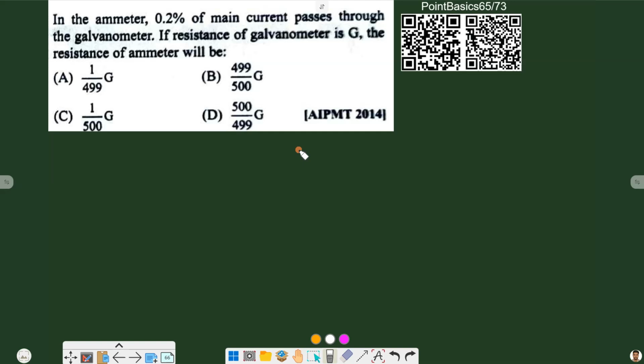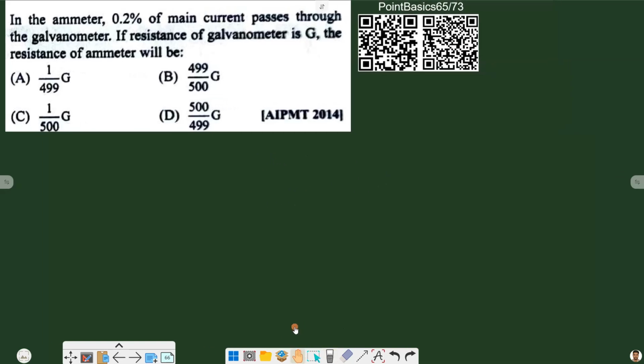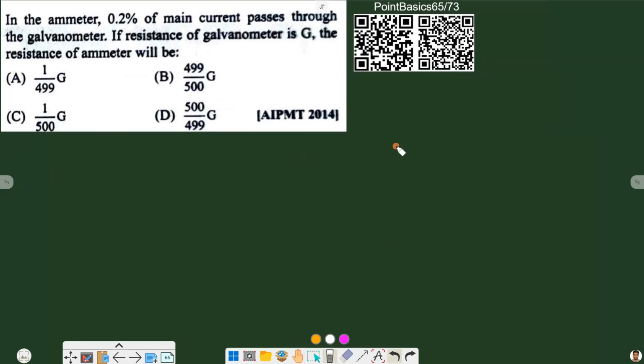So let's first draw the diagram. We have a galvanometer here.